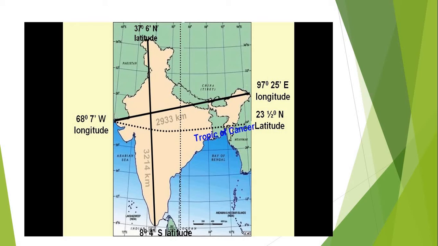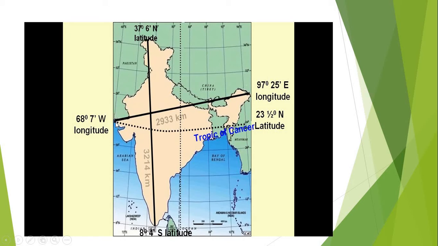Now children, look at this image carefully. As you can see in the picture, India's mainland starts from 8 degree 4 minutes south latitude, that is at Kanyakumari, and the extent of it in the north is till the latitude 37 degrees 6 minutes north.